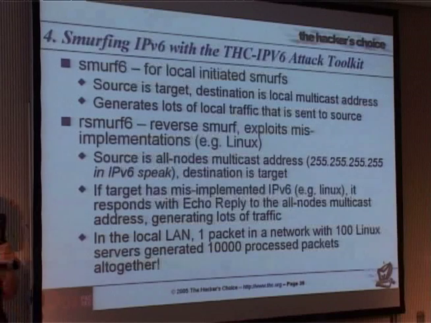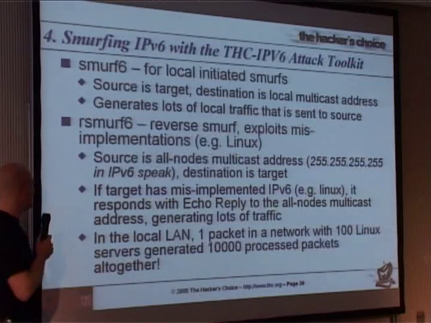You just send a ping request to some Linux box, to his real destination, so not a multicast, broadcast, whatever, no, to his IP address. However, as the source address, you specify the multicast address for all nodes. Every other operating system says, oh no, I'm not doing that, I'm not dumb. Well, Linux is sometimes different.